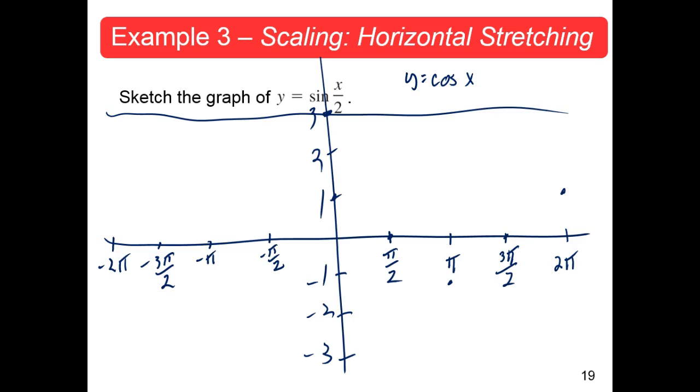Going the other direction, down to 0, down to minus 1, up to 0, and up to plus 1. I went a little too high there. So there is my cosine function. Something like that.